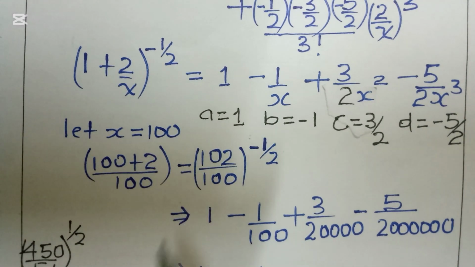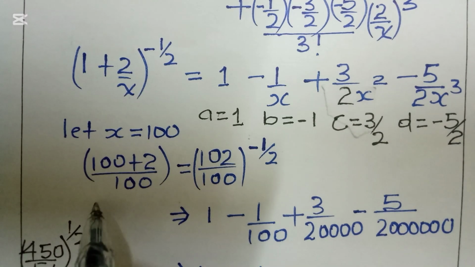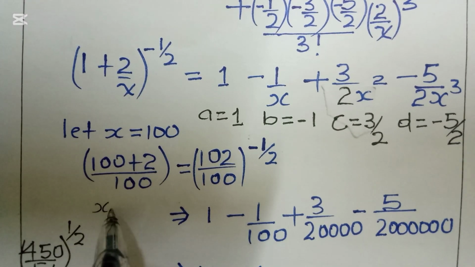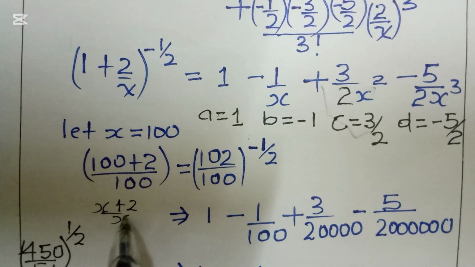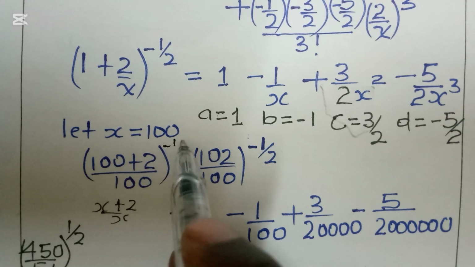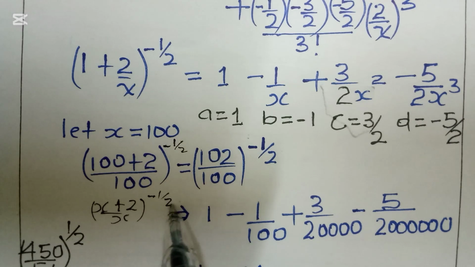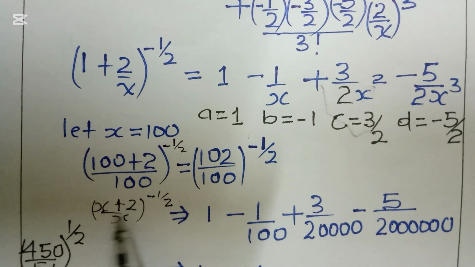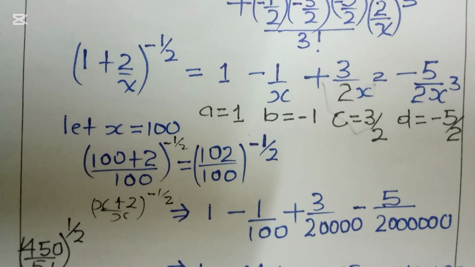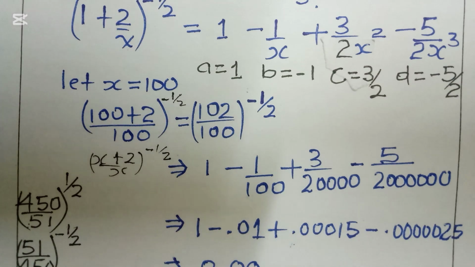or we can even use the equation we had formerly, where we had x plus 2 all over x. We had that equation, because this is negative a half there. So when you put negative a half there, and this x is 100, you'll have 100 plus 2 is 102 all over 100. So that's what we are going to have, and that is raised to a negative a half.